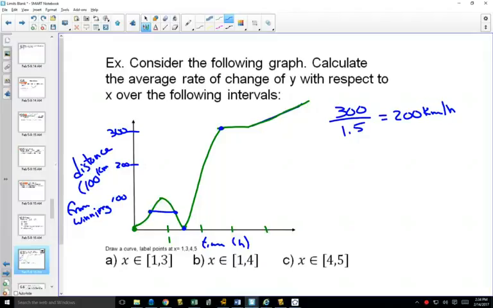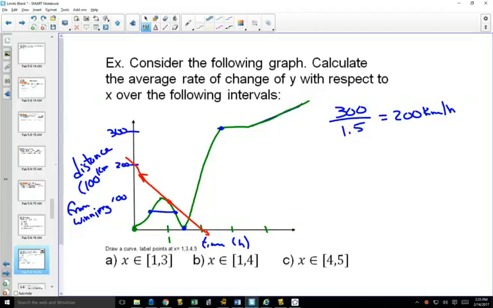Now, if we wanted to draw a tangent at one of these points, so let's say I choose this point here, and I drew a tangent line, I could see if I could figure out how fast I was going at that instant. I'll make this turn into a nice number. Oh, look, it went right through 200. Perfect.